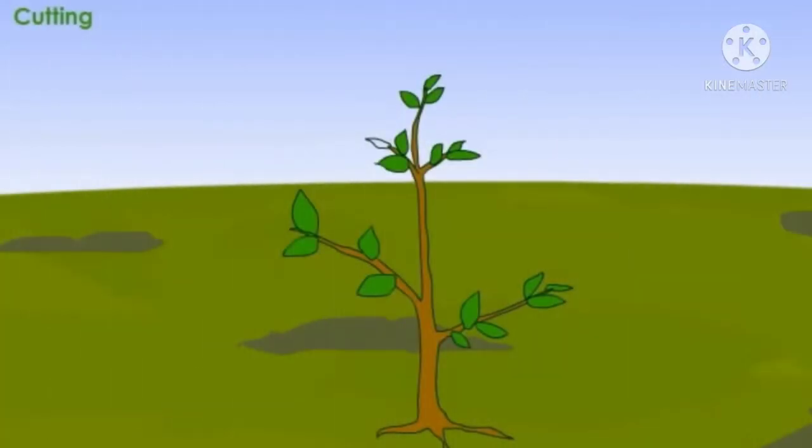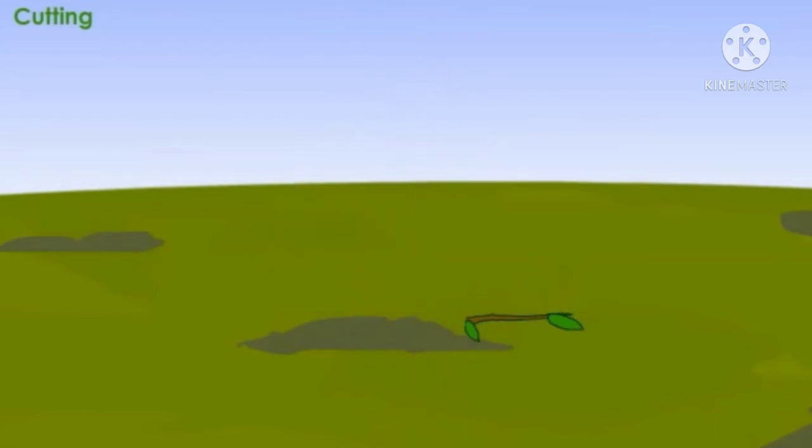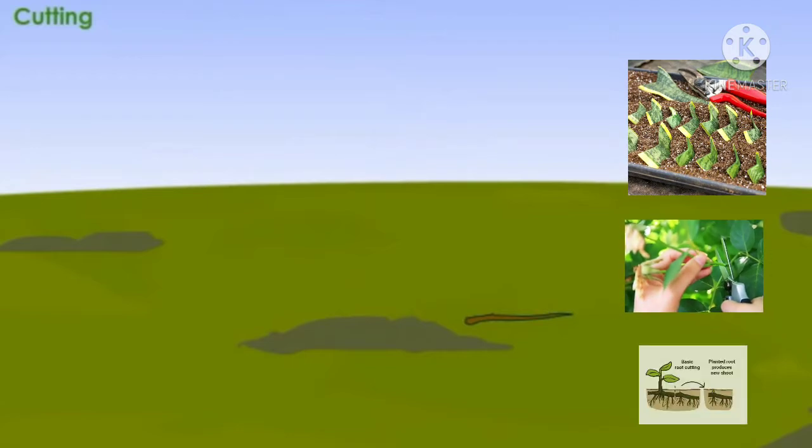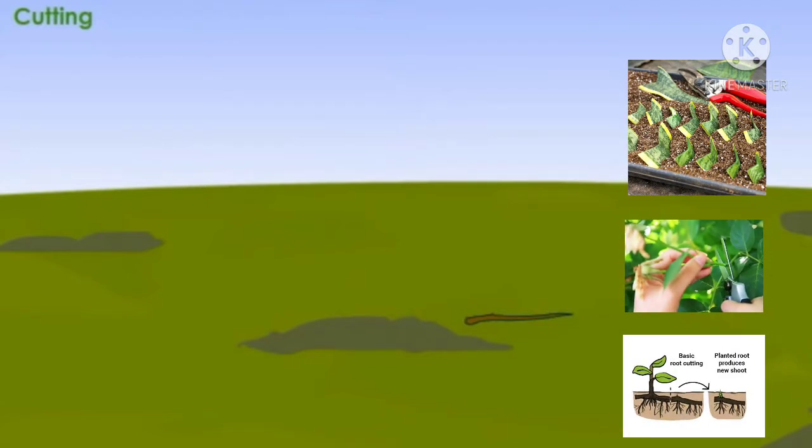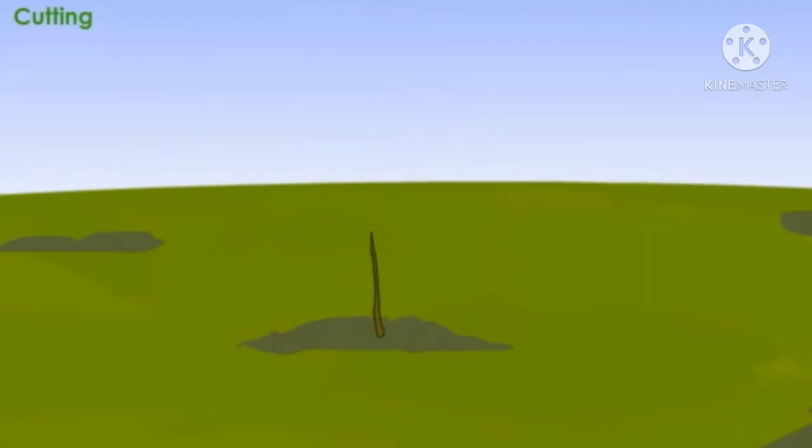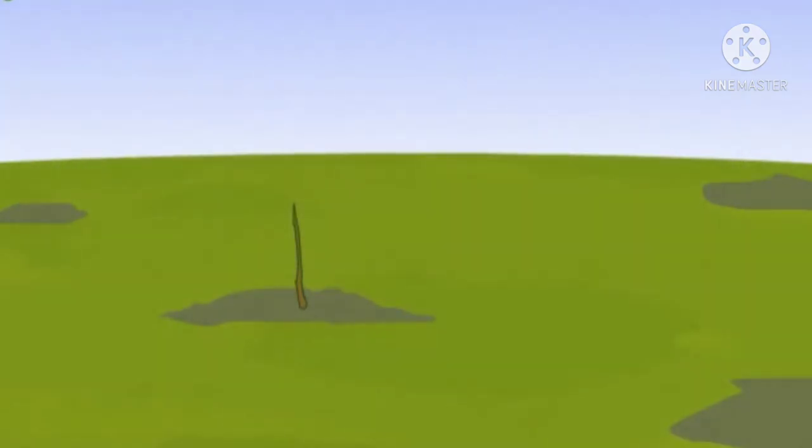The first method is cutting. A part of the plant that is mature is cut. It could be the leaf, stem, root, or the whole portions are replanted. They are buried in soil that is moist and in their natural position. Now, a new independent plant has appeared.